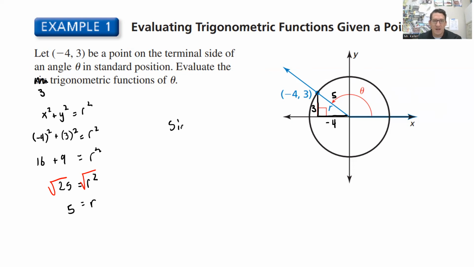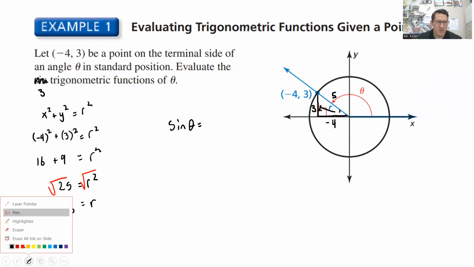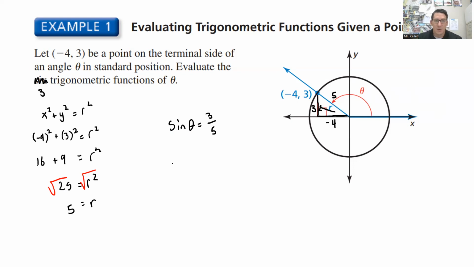So sine of theta is going to be opposite, and it's always this as a reference angle, even though it's theta, but it's y over the radius. So sine of theta is going to be opposite over hypotenuse, or y over radius.